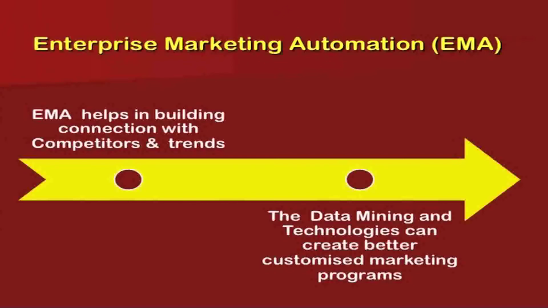Then there is the enterprise marketing automation, EMA, which basically helps in building connection with competitors and trends. The data mining and technologies can create better customized marketing programs. Now, EMA, the enterprise marketing support system, is to automate the organization and functions in such a way that standardized processes and standardized connections are available through websites.